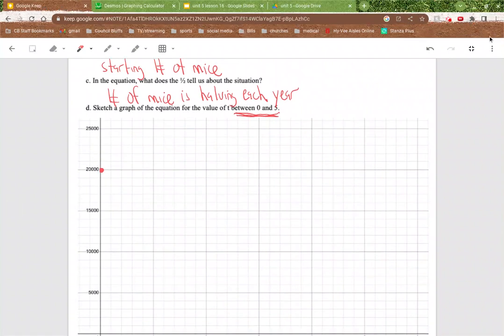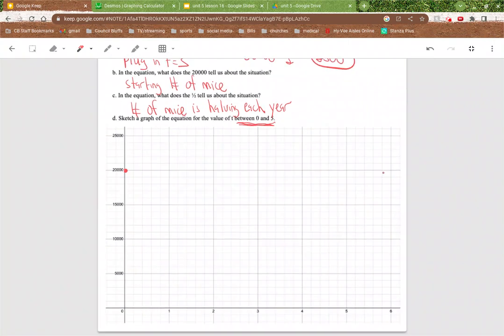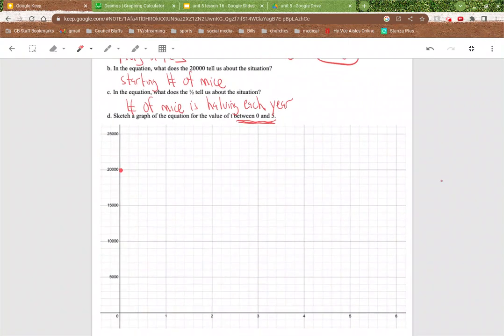Then year 1, it's going to be half of that. So half of 20,000 is going to be 10,000. And then half of that is going to be 5,000. And then half of that is going to be 2,500.